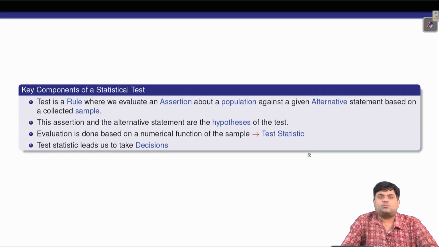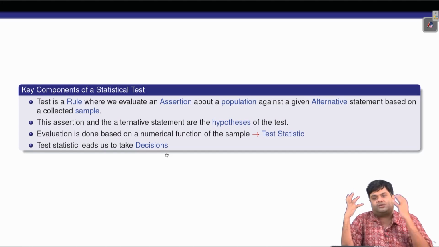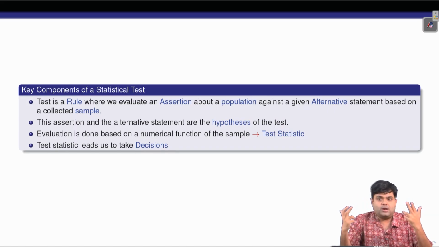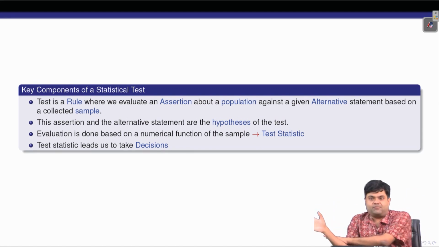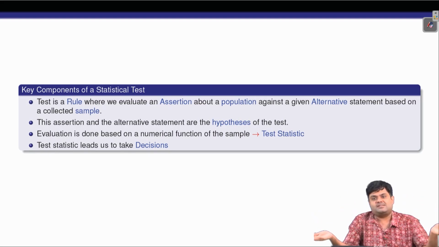So this is what we were discussing in the key components. The framework of a statistical hypothesis testing is that you want to find a rule: you have a sample, and that rule will give you something from that sample. You will calculate a sample statistic as in the case of estimation, and then there will be some rule.